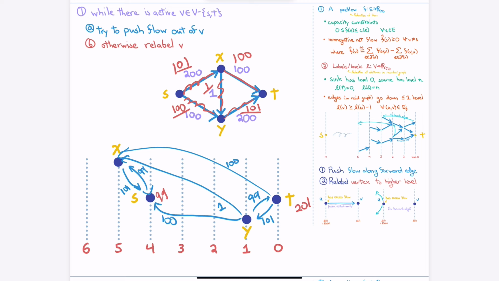What's also neat, so usually to certify a max flow, you need a min cut, right? Okay, so I claim that from this setting, you can also read off the min cut, min ST cut, just looking at the bottom diagram.